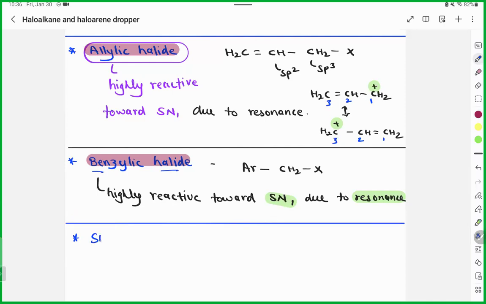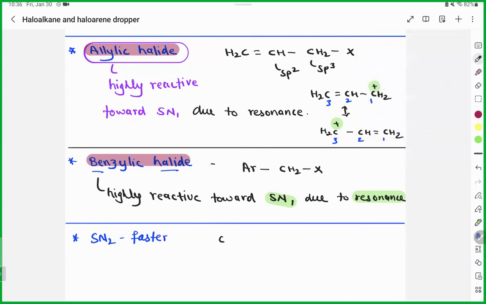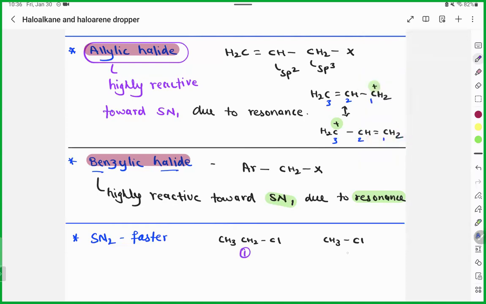Where will you see a faster SN2 reaction? Your options are CH3CH2Cl and CH3Cl. The second one, for SN2, smaller size, faster reaction.